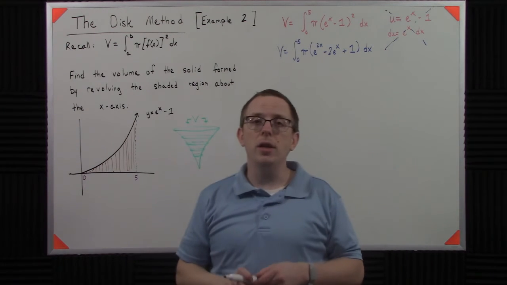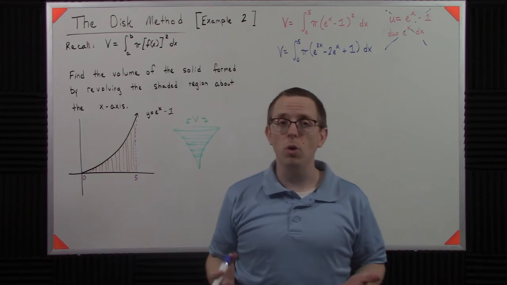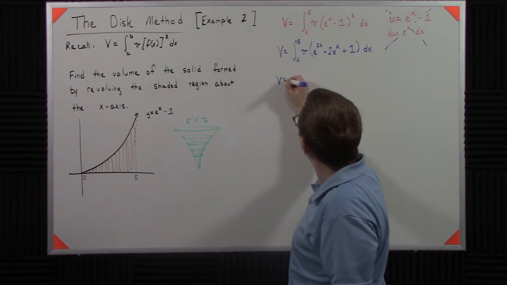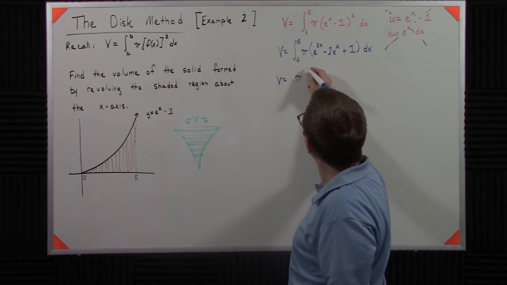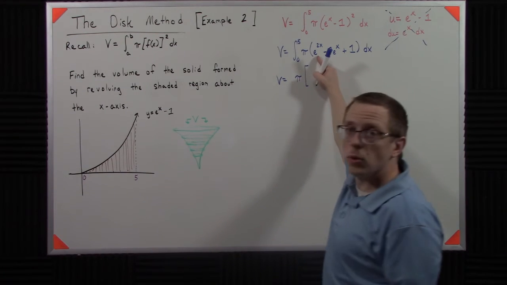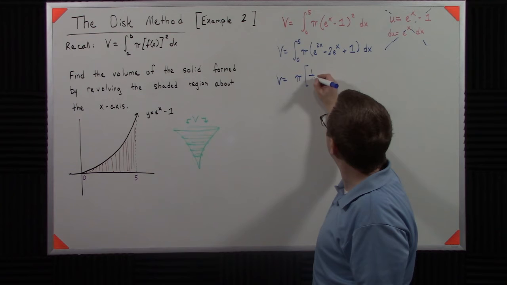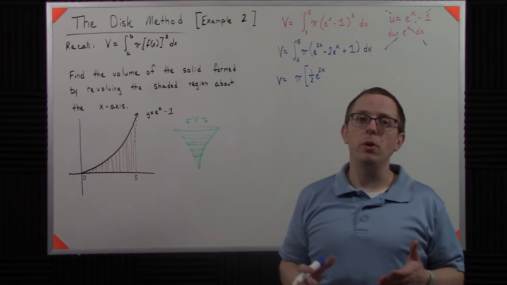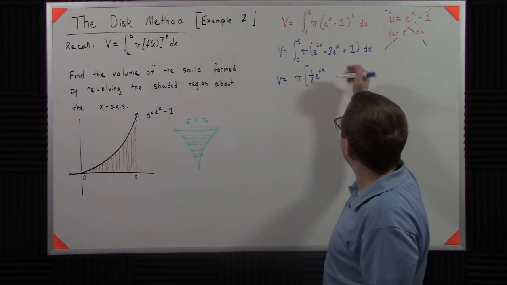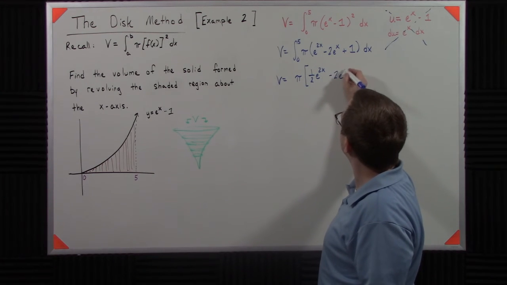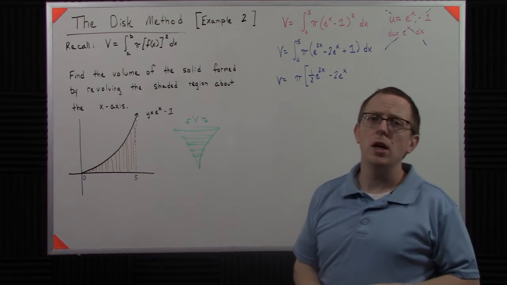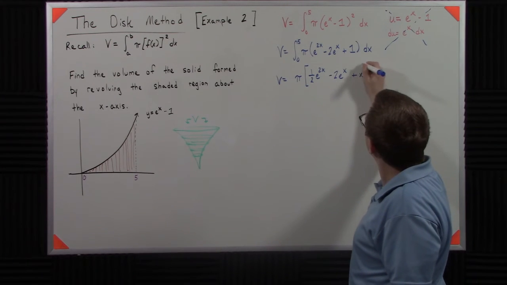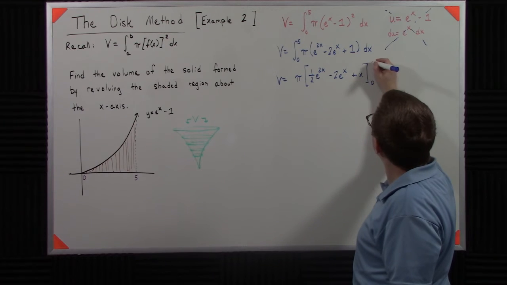From there, I can take the antiderivative of each one of these. V is, we have this pi in front. The antiderivative of e to the 2x is 1/2 e to the 2x. The antiderivative of e to the x is just e to the x, so we have that negative 2 coefficient. And then the antiderivative of 1 is x. And this is going from 0 to 5.